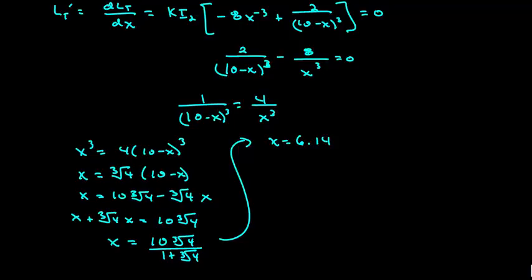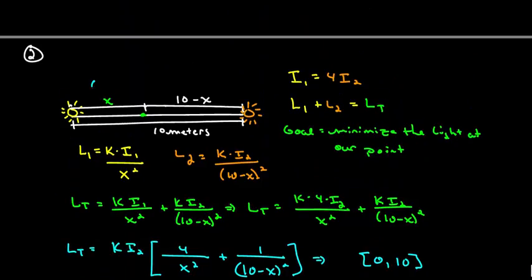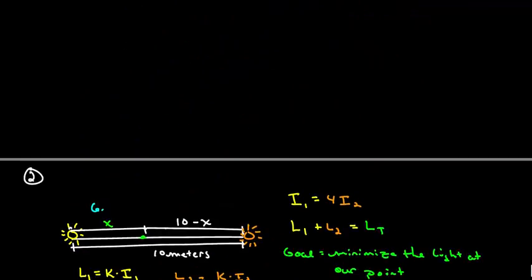So if I take 10 minus that number, I get 3.86. And so if I go back up, this should be 6.14, and then this distance over here would be 3.86 approximately meters. So since this guy is brighter, of course we'd expect it to be further down the line.